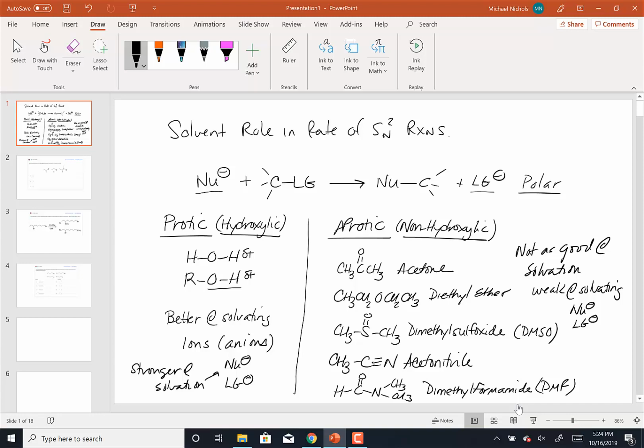So I like to use hydroxylic, non-hydroxylic. It really doesn't matter. But these are the two classifications of the solvents that we need to use, and these are their key differences: protic solvents solvate anions stronger than the aprotic solvents, which still solvate, but not nearly as strong.